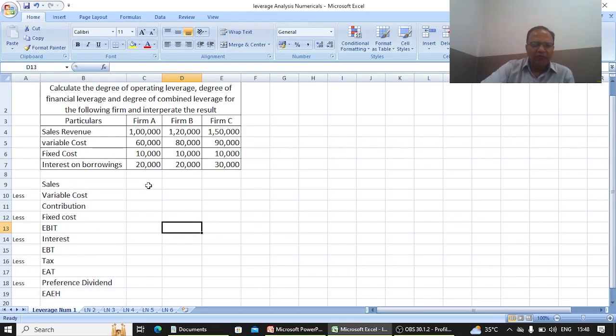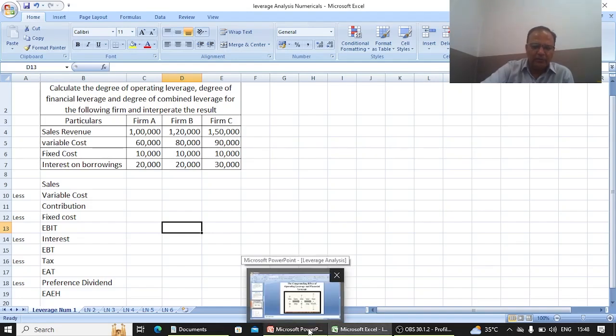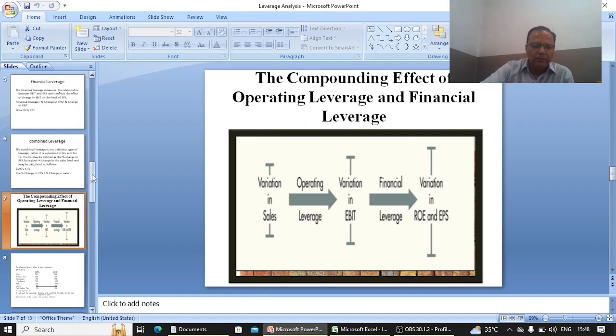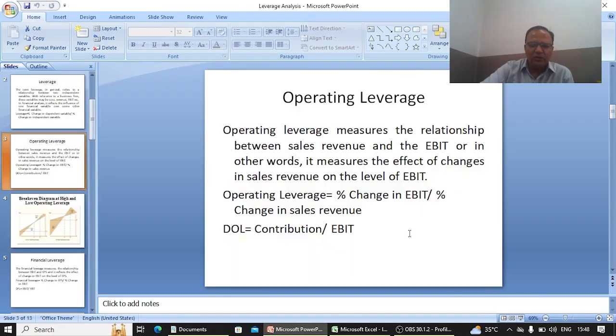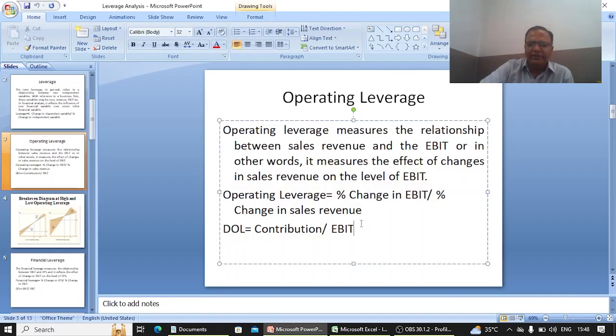If we talk about the formula, then we have to find out degree of operating leverage. Let's see what was the formula. Operating leverage is equal to percentage change in EBIT divided by percentage change in sales revenue, and degree of operating leverage is equal to contribution by EBIT.